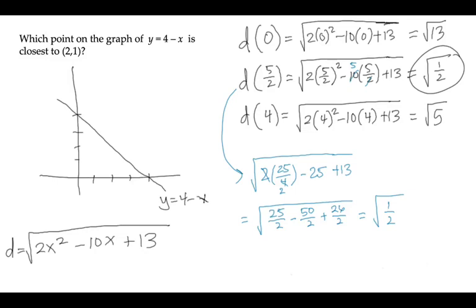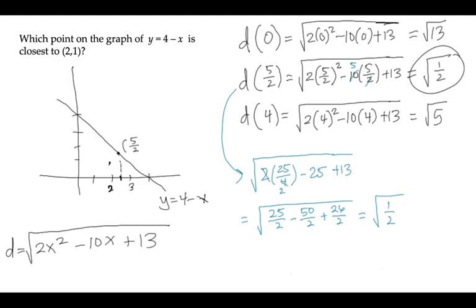Here's the point 2, 1, and here somewhere. We found the point at x equals 5/2. That's 5/2 right there between 2 and 3. If I go up to the line at 5/2, I get this point here.